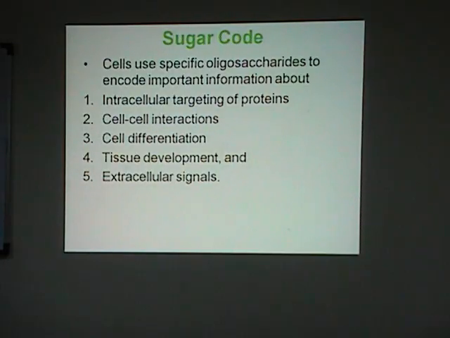Accordingly, it will interact with the extracellular matrix, and accordingly there is signal transduction, and finally genes present in the nucleus are expressed. So intracellular targeting of proteins, cell-cell interactions, cell differentiation, tissue development, and extracellular signals, all these are dependent on the sugar coat.